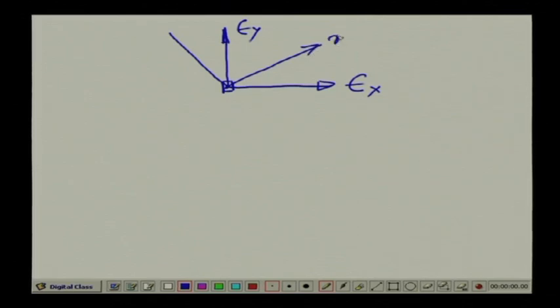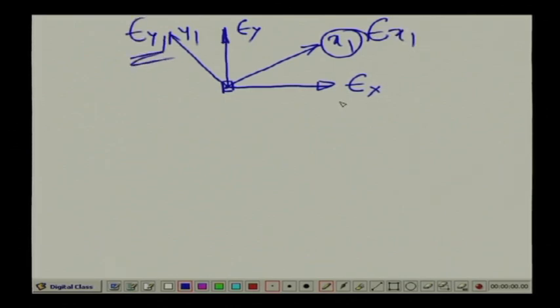At this point, the strains with reference to the rectangular axis system are epsilon x and epsilon y. If we try to find the strain at this point at a different orientation of the axis, let us call this x1 y1, the strains epsilon x1 and epsilon y1 will be different from epsilon x and epsilon y.